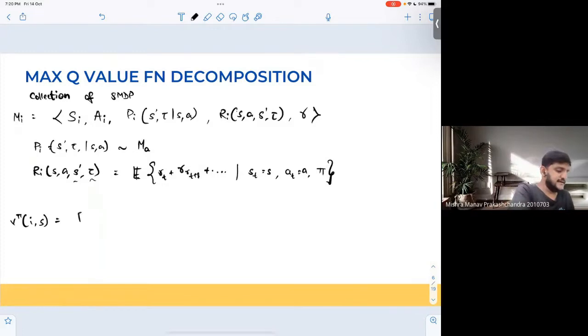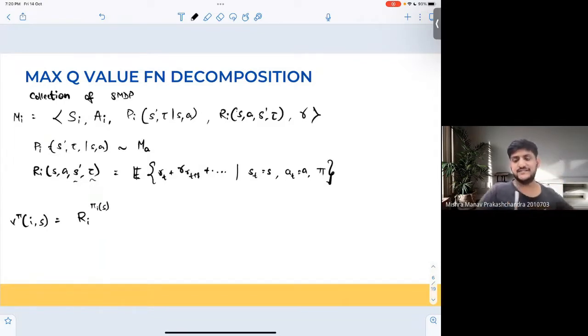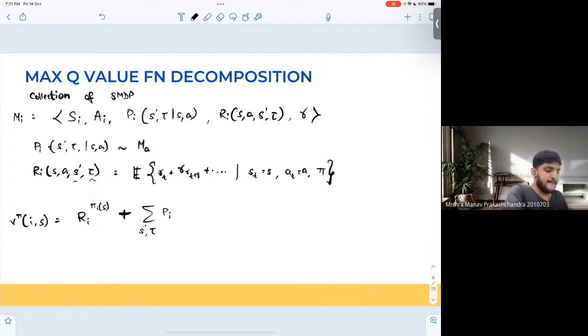So this is basically the immediate reward that I get on executing the policy pi, the first action that I take according to the policy, plus the summation over all the s prime and tau, all possible transitions, of the probability of the transitions that I make to state s prime when I'm following my policy pi_i, times the discount factor, right?